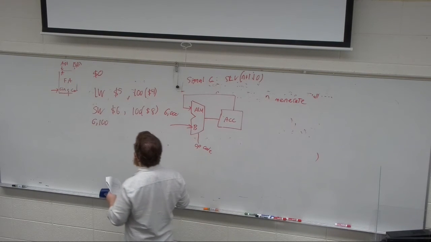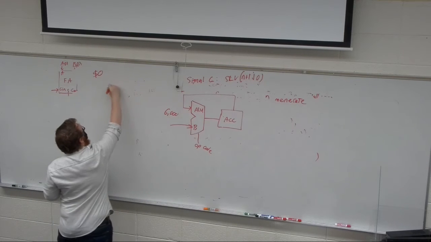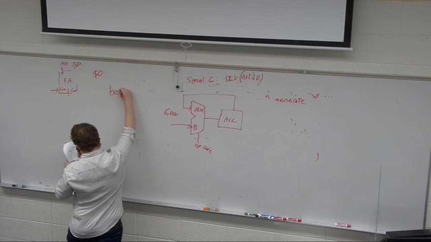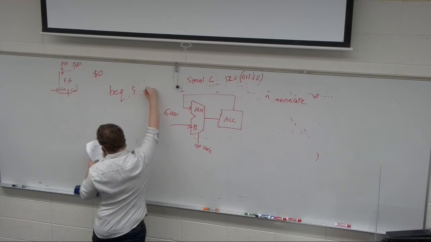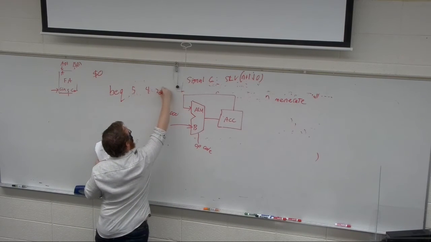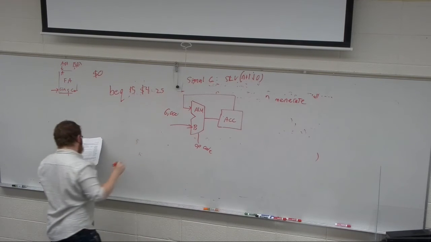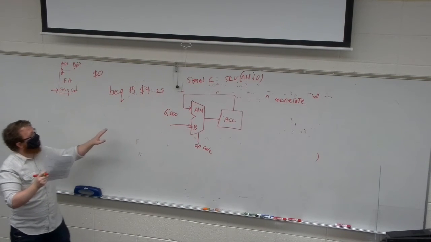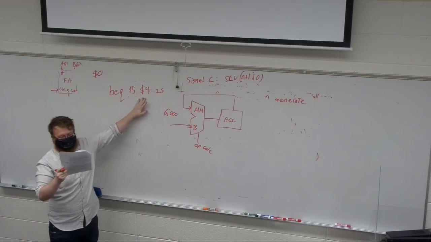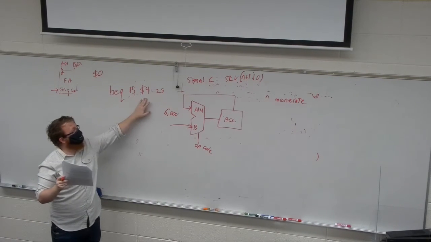And those would look something like B, and what we're going to do here is compare the contents at 5 and 4 and then branch to the process controller.